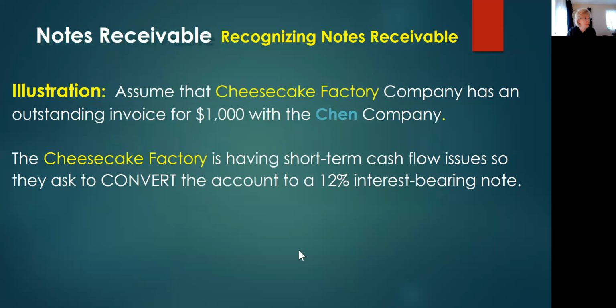So how does Chen book this conversion of the account for $1,000 into a note receivable? Let's write the players down for this. This is the bottom of page 27. We are doing the books for the Chen company.